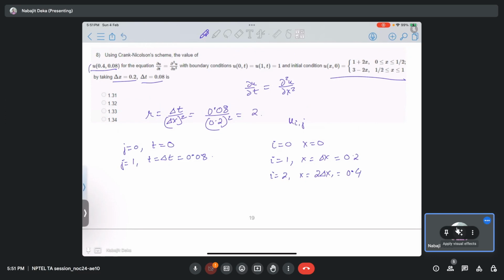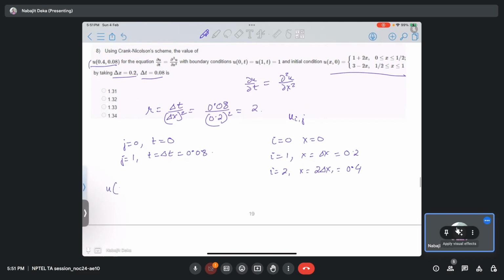So what we need to find is u at x equal to 0.4, t equal to 0.08. So effectively what we need is u 2 comma 1, the value of the dependent variable. So we have to use the Crank-Nicolson scheme.